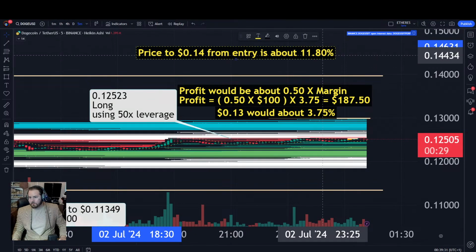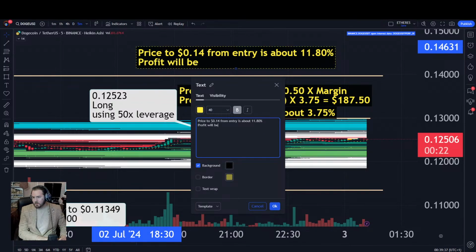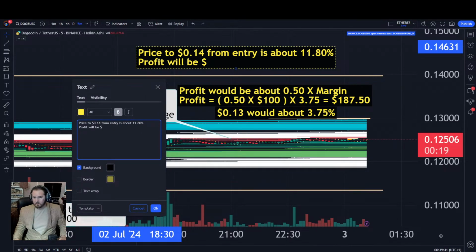So my profit will be the same formula that we have over here, like half my margin. So 0.50 times 100 times 11.8 equals, and let's do this in a calculator, $50 times 11.8, $590.